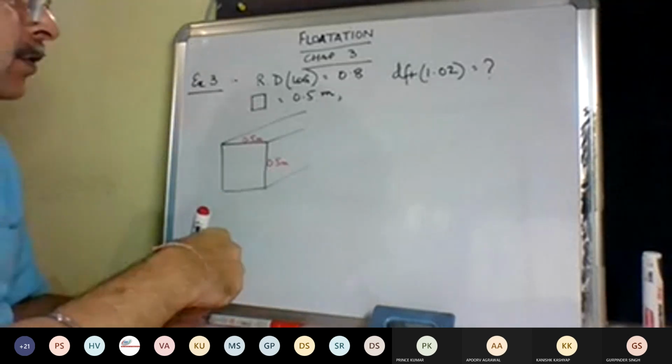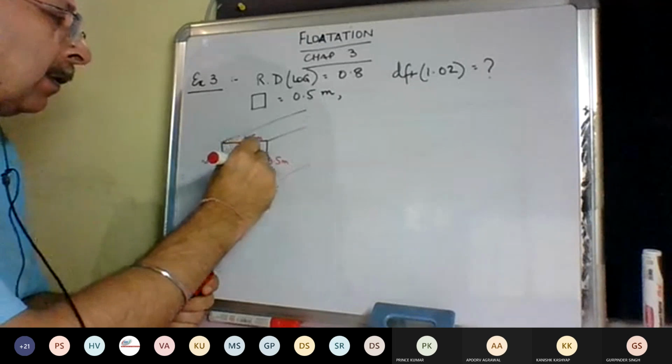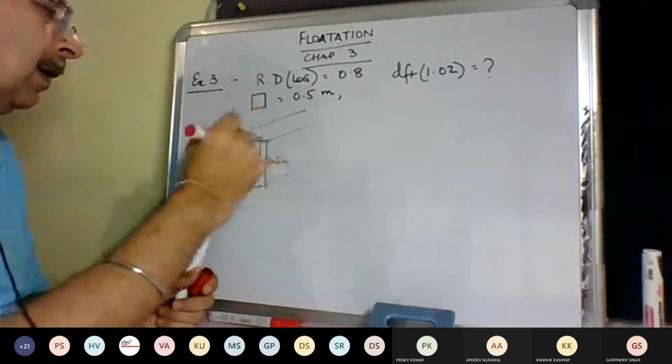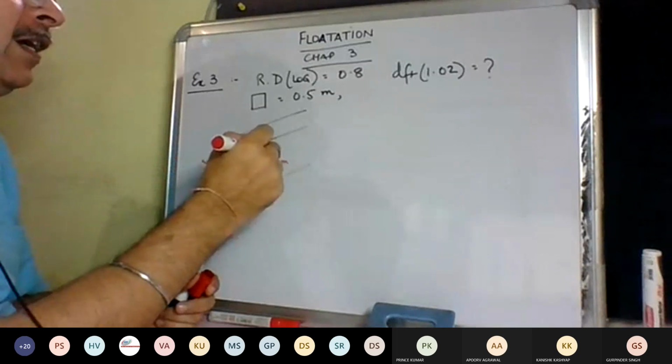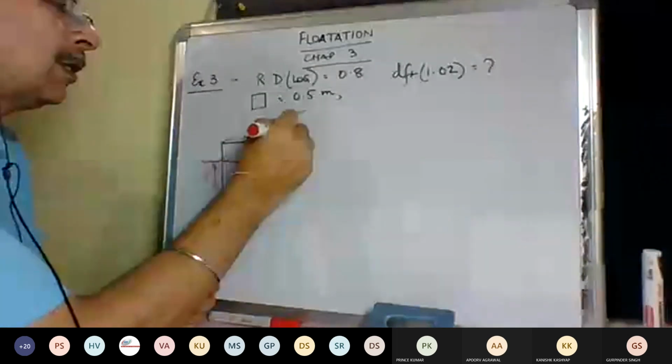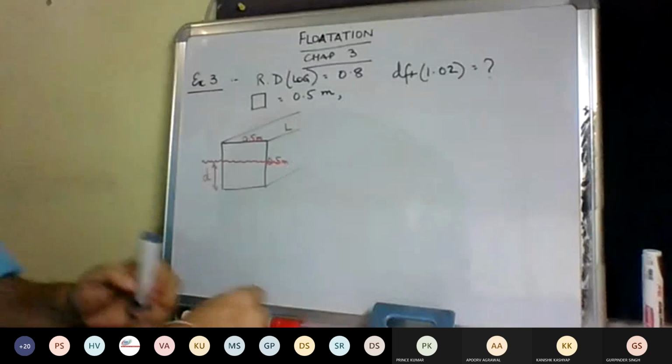And she is floating in water like this. This is the draft which we have to find. This is the length of the log. L is the length of the log. We have to find out the draft.